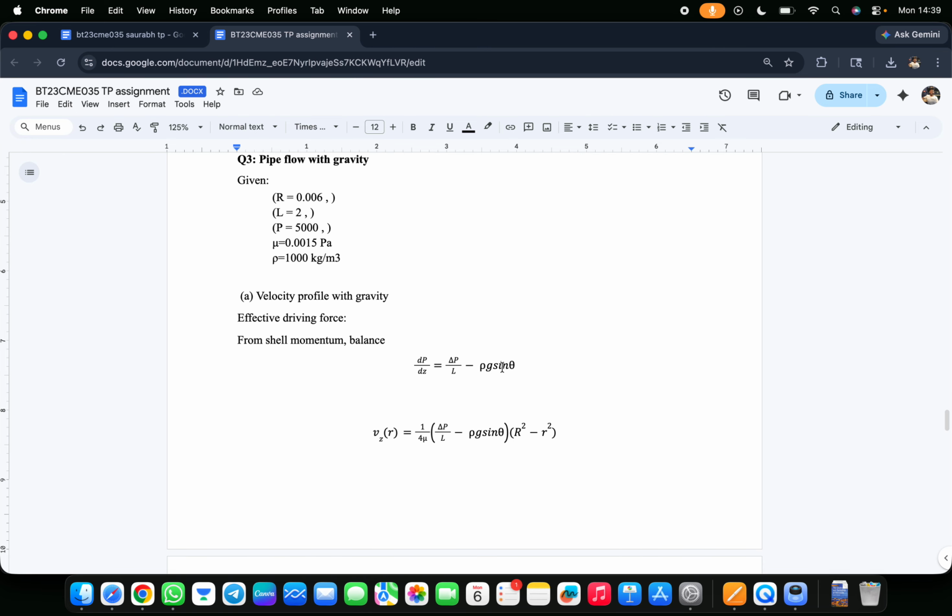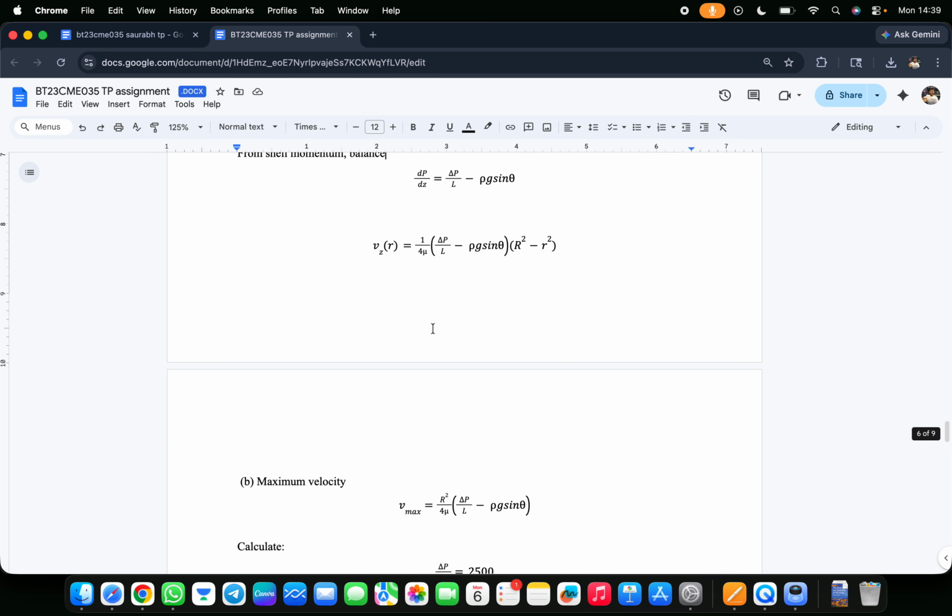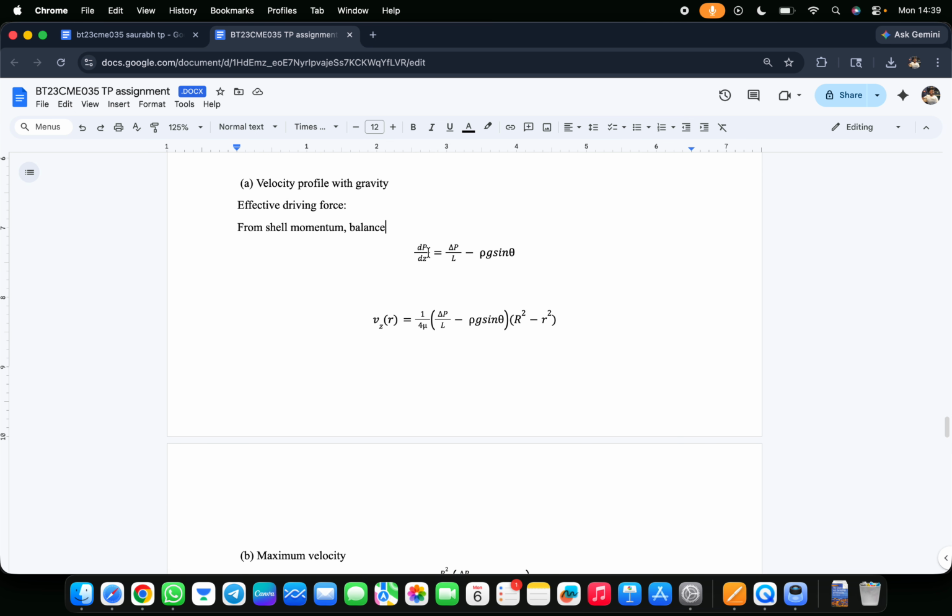Rho g sin theta is not substituted with that. Here look, here is the del p by del z. What will be del p by del z? So this will be our del p by del z.